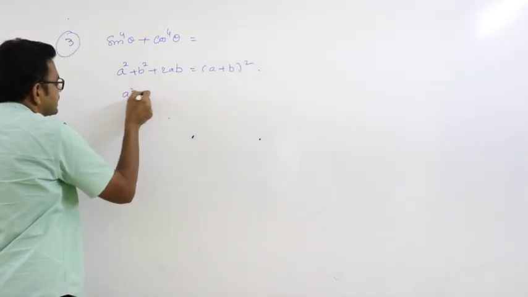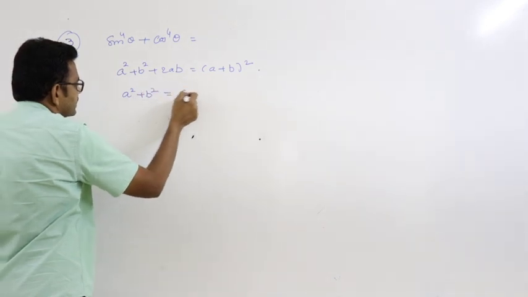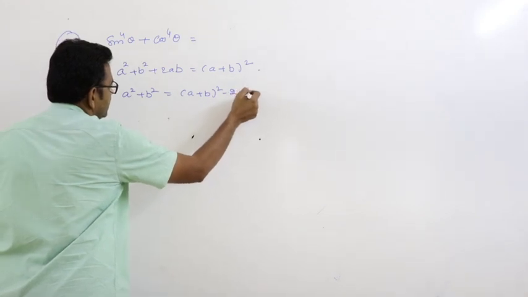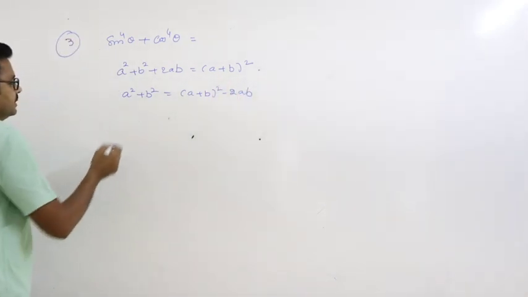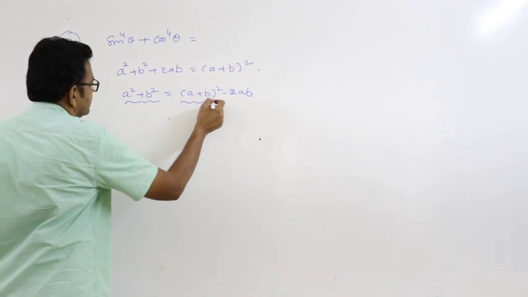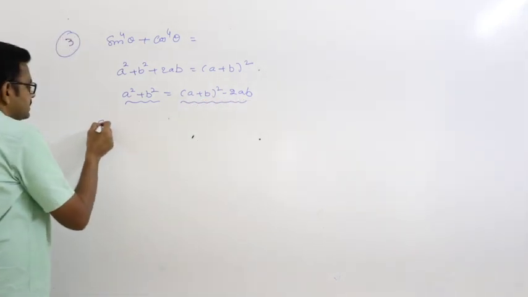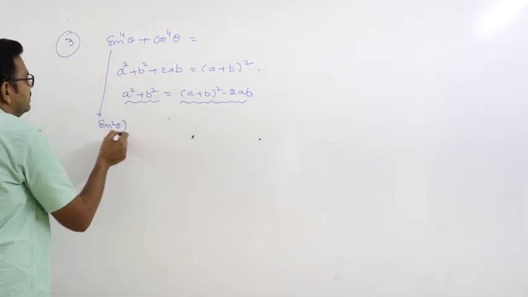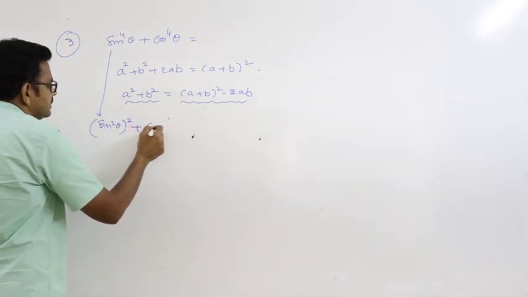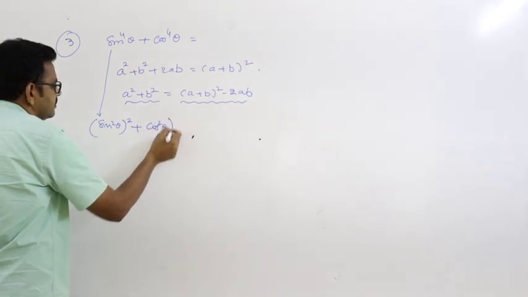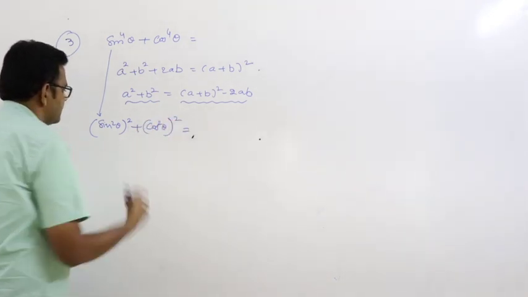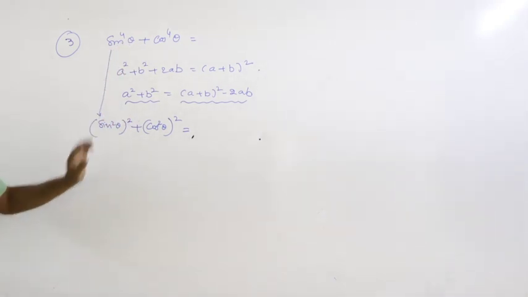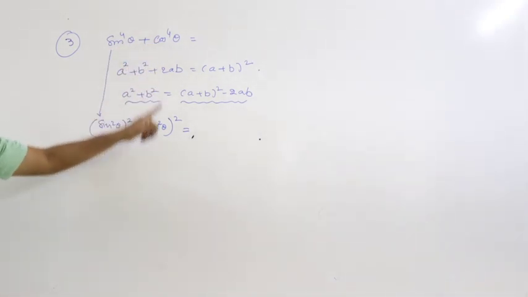So a square plus b square is equal to a plus b whole square minus 2ab. Now sin power 4 theta can be written as sin square theta whole square plus cos square theta whole square.